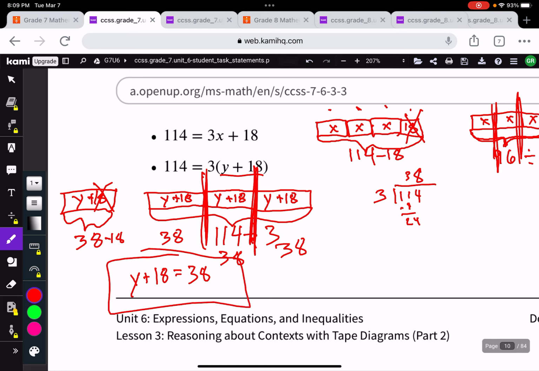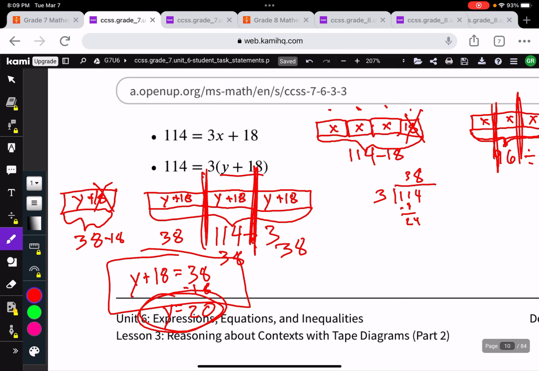How do I solve that? Well, the inverse of 18 is I need to add a negative 18. So 38 minus 18, and I get 20. Y equals 20. And if we look at that, 20 plus 18, plus 20 plus 18, plus 20 plus 18, all of that will equal 114.